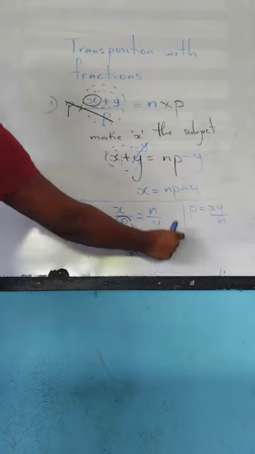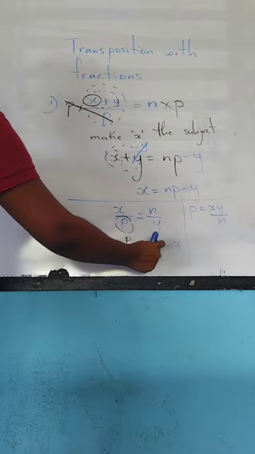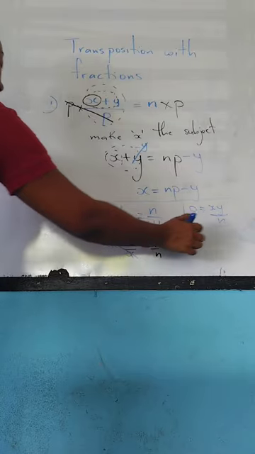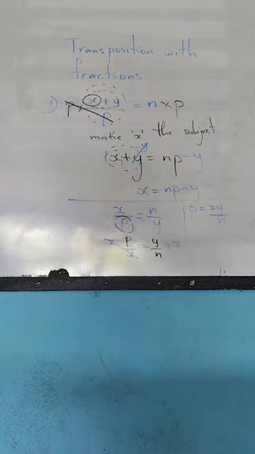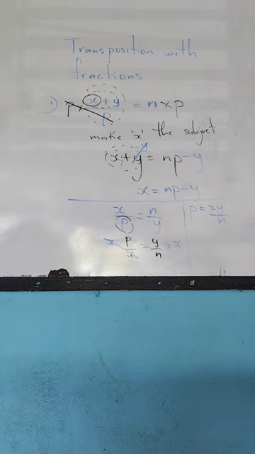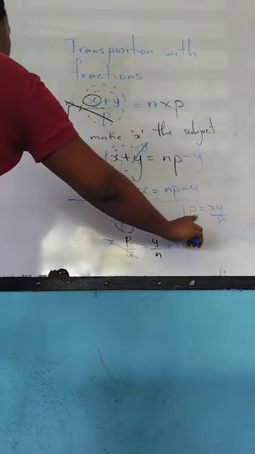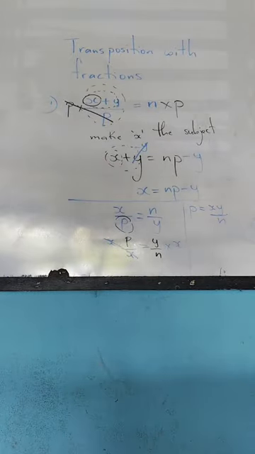All I do is combine all of this together. Since I'm multiplying, x multiplies y to combine, and all of that is now over n. P is now the subject of the statement because it is by itself on one side of the equal sign.